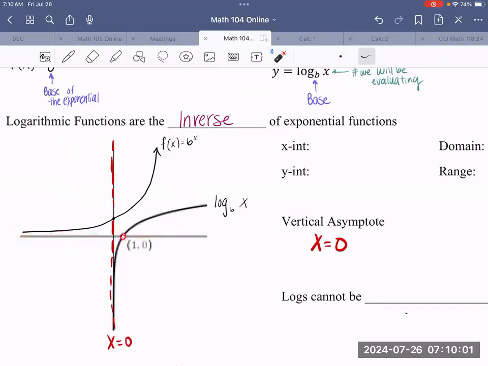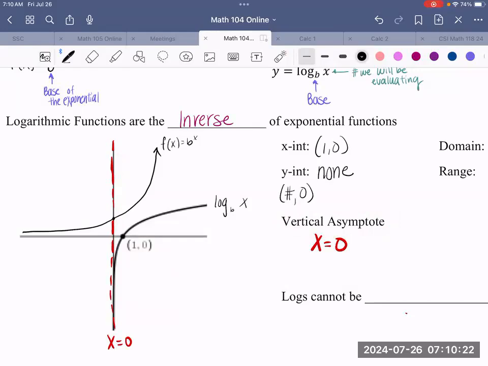This time, we actually can clearly see an x-intercept, which means the y-intercept, we don't have one because, again, of this vertical asymptote.